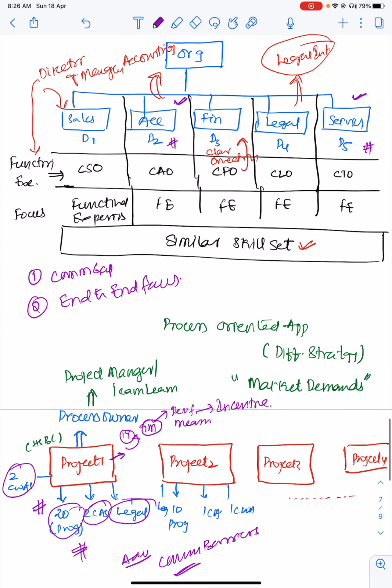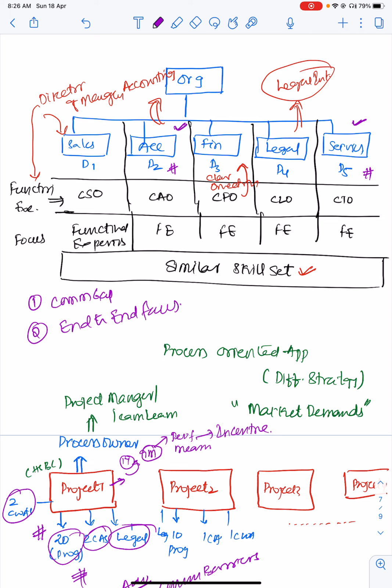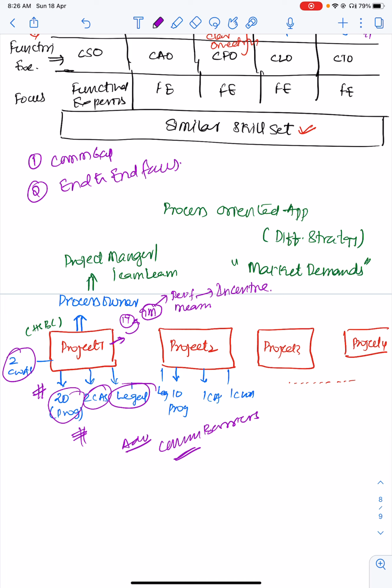Silo approach means they only know that particular department and don't know other departments. But in the process oriented approach, we remove the silos and make every person understand the end to end perspective. So that is again an advantage in process oriented.